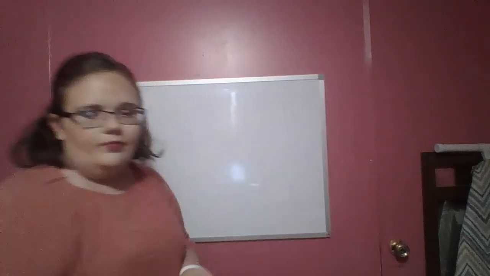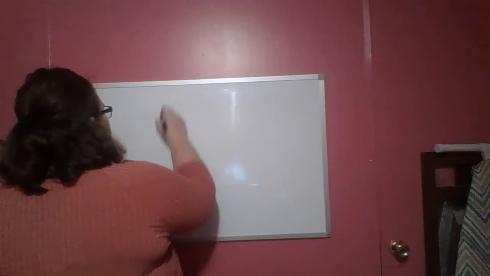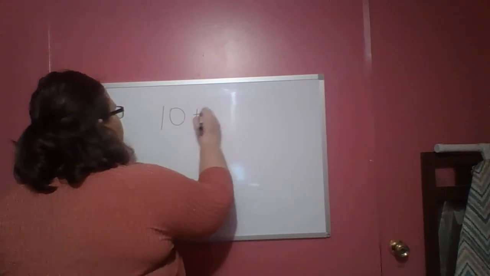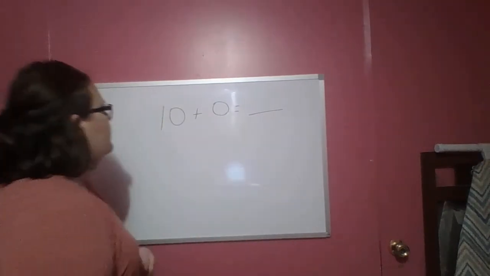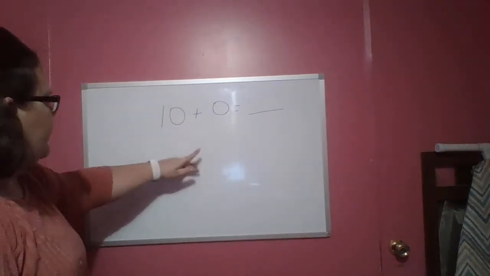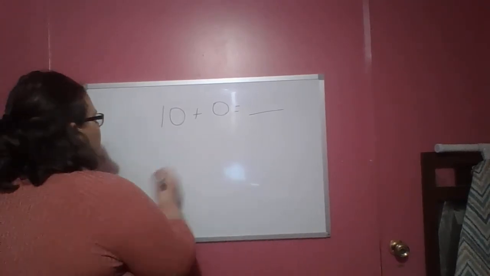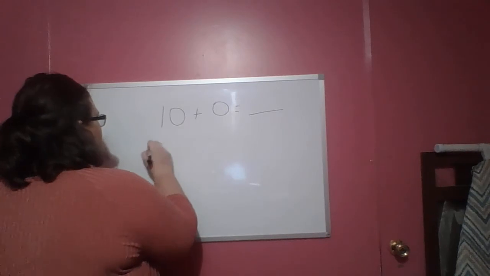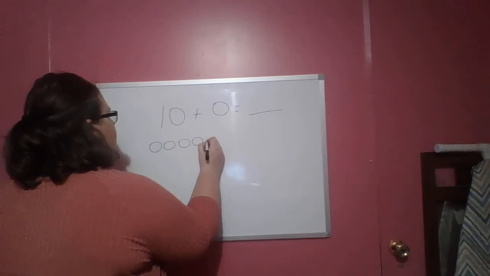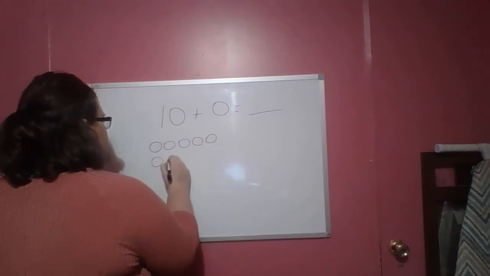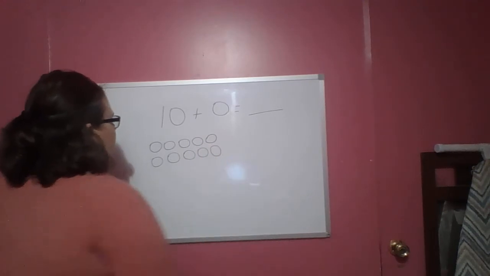Okay, the next is 10 plus 0 is equal to blank. So the first number that we have here is the number 10. So count with me while I draw 10 circles. 1, 2, 3, 4, 5, 6, 7, 8, 9, 10.